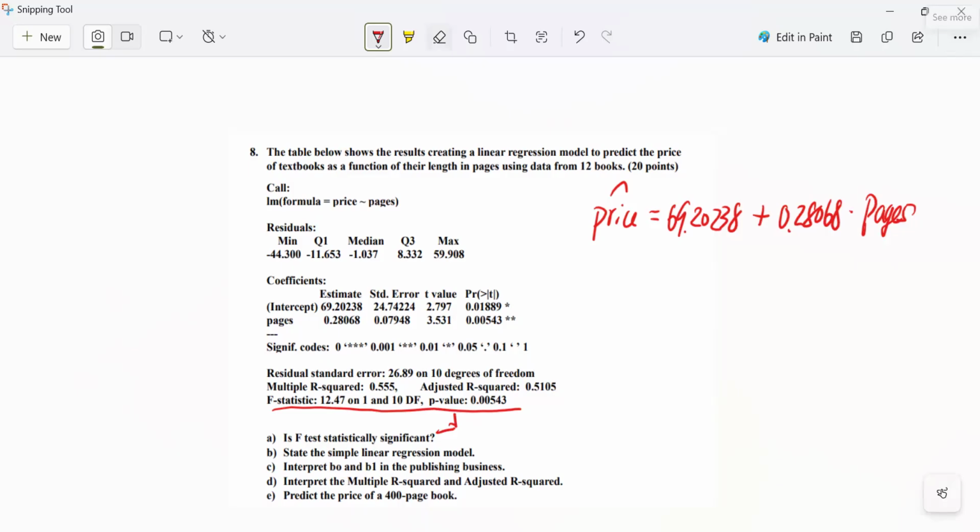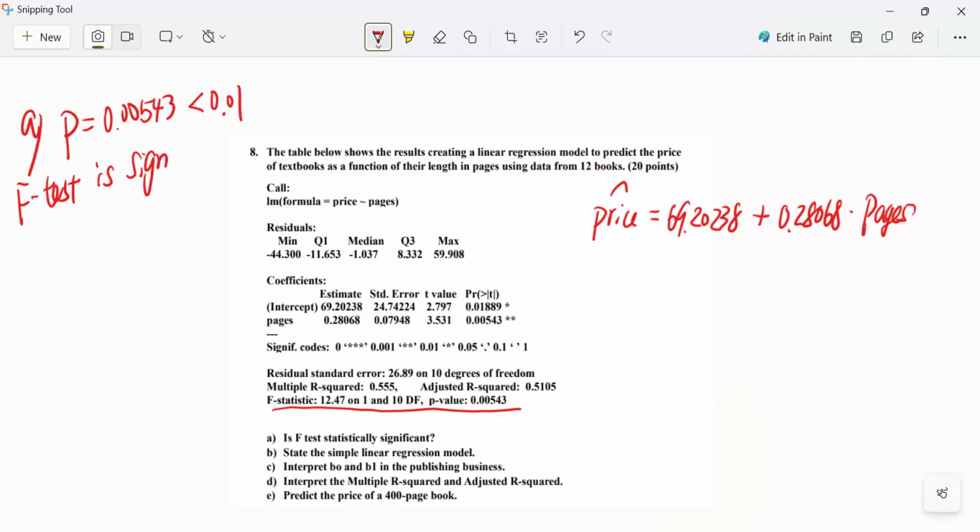For part A, because the p-value is 0.00534, and it's less than alpha, less than 0.01, the overall F-test is significant. And then secondly, state the simple linear regression model. This is the model itself.